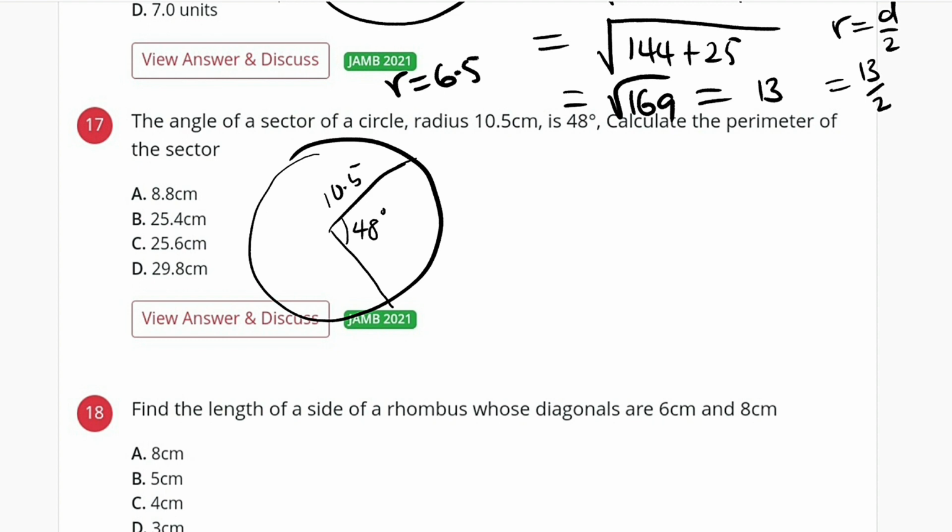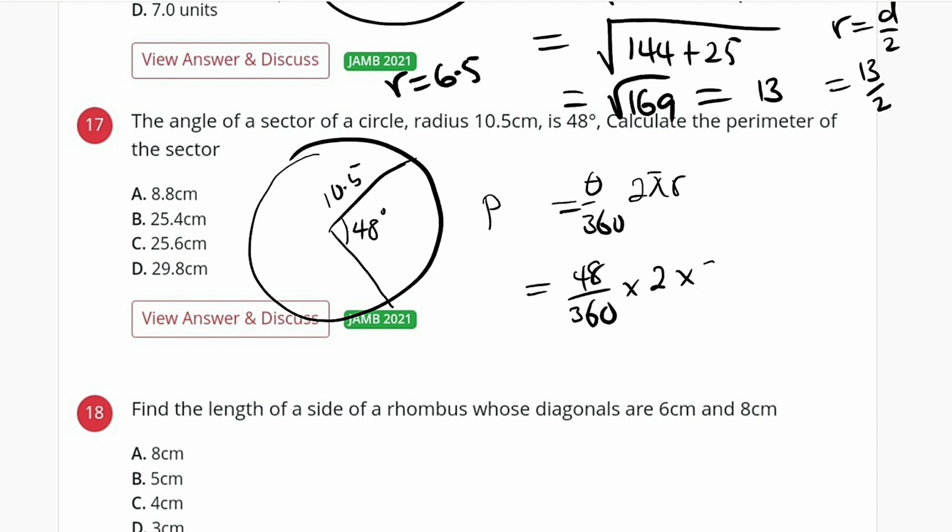Therefore, the perimeter, remember, the circumference of a circle is 2 pi r. But here, since it's not a complete circle, we have to take theta out of 360. Therefore, this becomes 48 divided by 360, multiplied by 2, multiplied by pi.